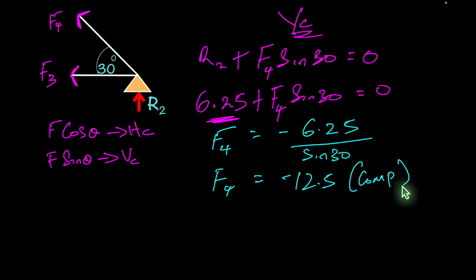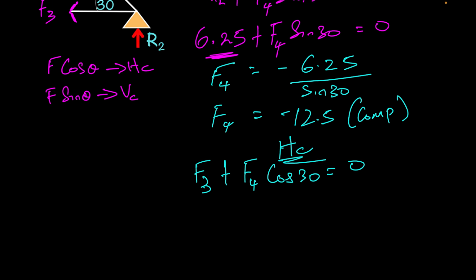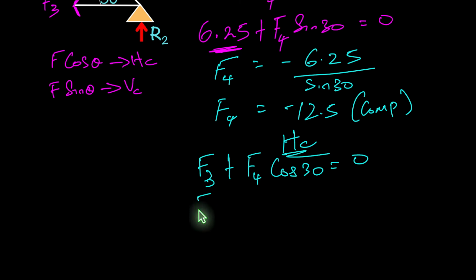And then let's go over to the horizontal components now. We have F3, which is purely horizontal, plus the component for F4, so F4 cos angle, and all of that equals 0. So let's do some substitutions and rearranging the formula, and we should get F3. F3 would then be equal to minus F4 cos 30.